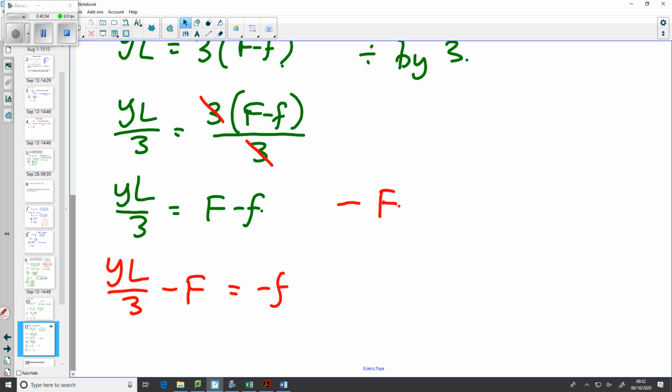Yes, instead of doing that, you do plus little f to both sides, right?